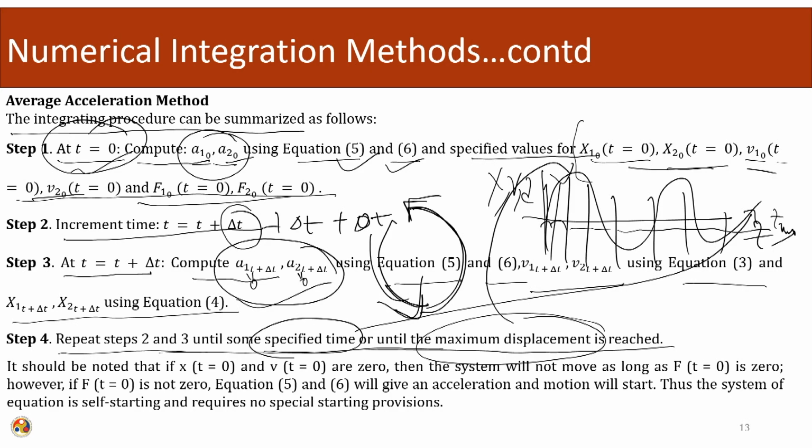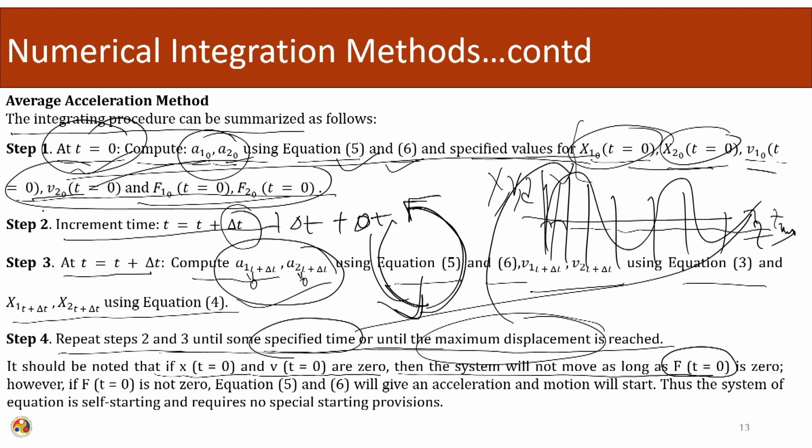It should be noted that if x at time t equals 0 and velocity at time t equals 0, then the system will not move as long as f at time t equals 0. So, in the first step, if everything becomes 0, then the system is not going to move. There has to be either an initial disturbance or an initial force in the system in order for the system to respond.